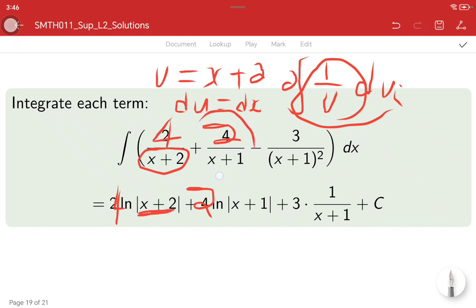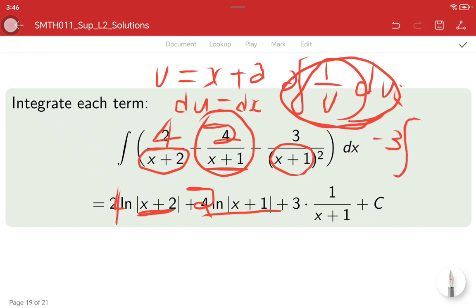So you're going to do the same also for this one. You make that u, then you derive that, and then you change it to this. You apply ln. Plus, but for this one, when you let this be u, you're going to be left with 3 minus 3 integral of 1 over u squared du.